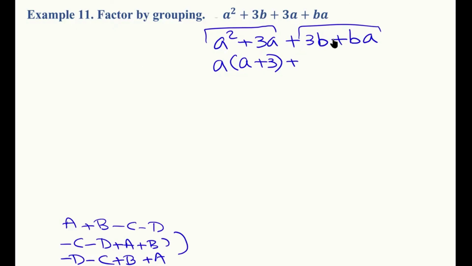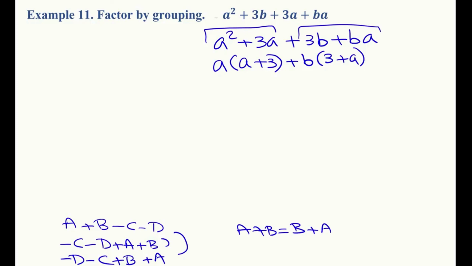So for the next 2 terms, the GCF is B. So we factor out the B, that leaves us 3 plus A. Now you may say, oh, we don't have a GCF, but we in fact do, because remember, A plus B equals B plus A for all real numbers A and B. This is called additive commutativity, right? Or the commutative property of addition.